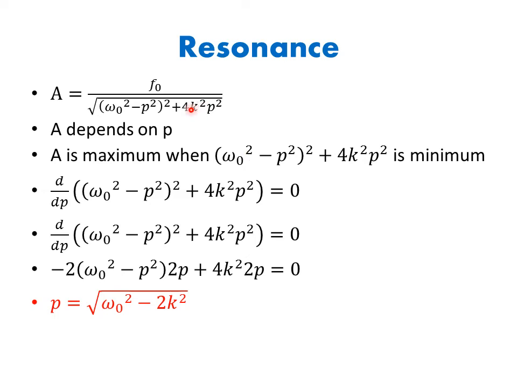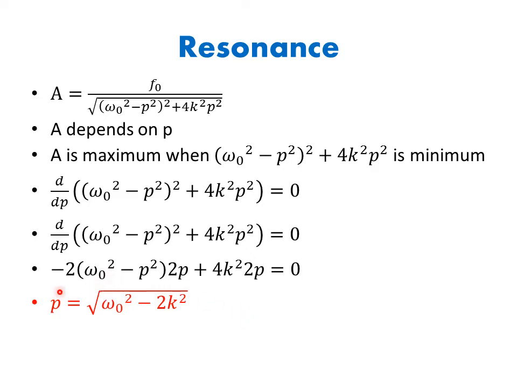That is the condition for the denominator to be minimum. So you differentiate this with respect to p and equate it to 0. This is just differentiation that I have done.